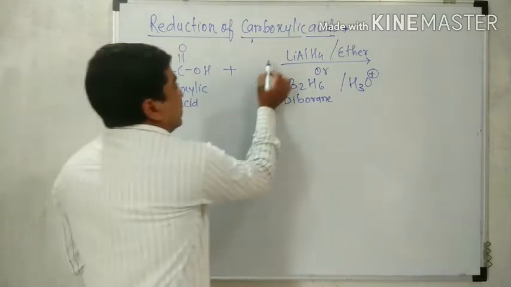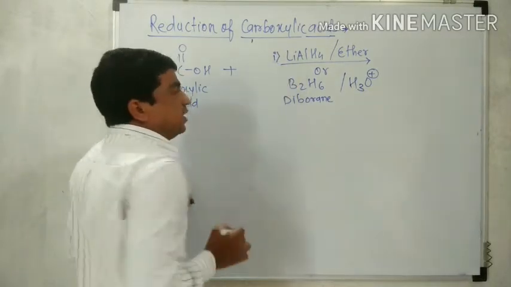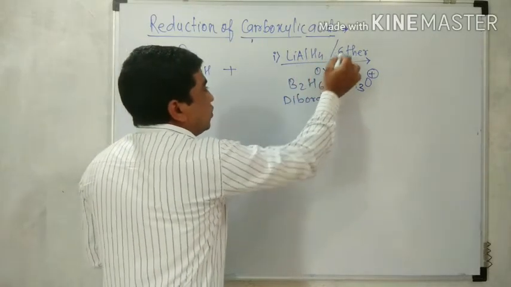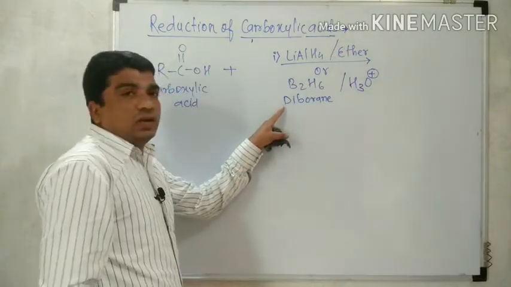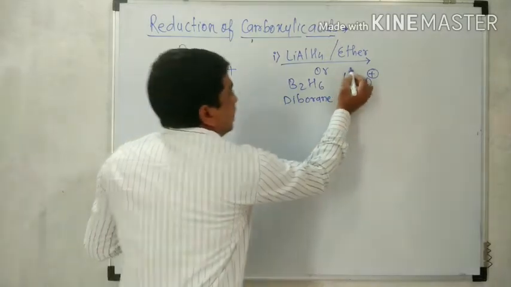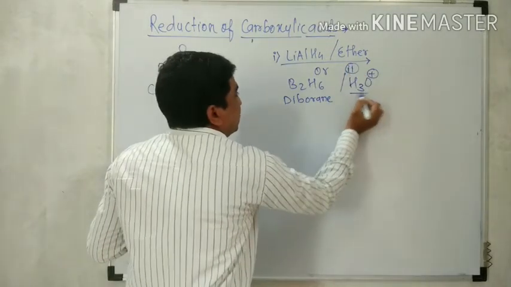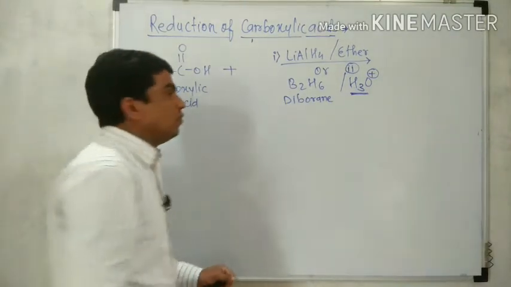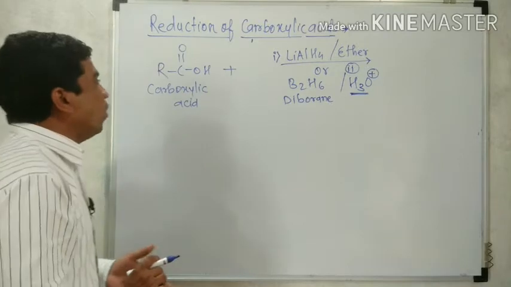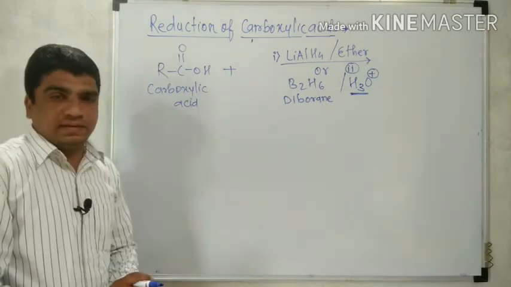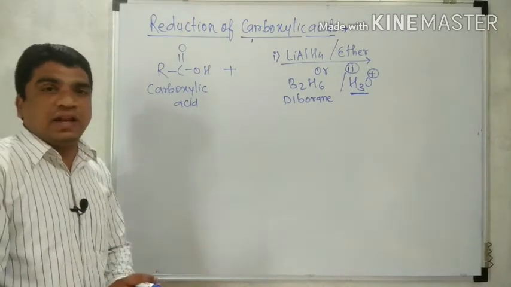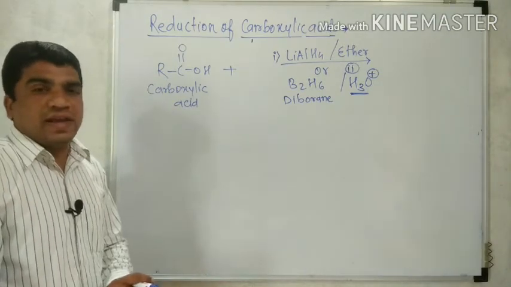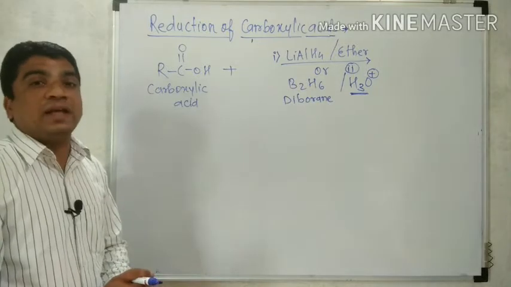So the first step of this reaction is either using LiAlH4 in ether or using diborane, and secondly the addition of H3O plus, that is acidic water, for hydrolysis.